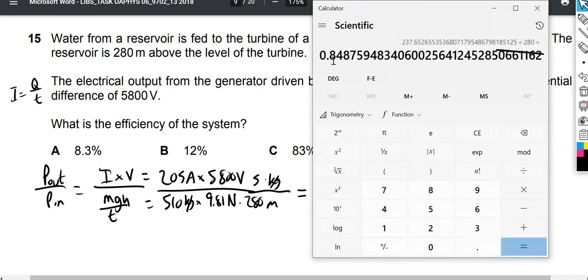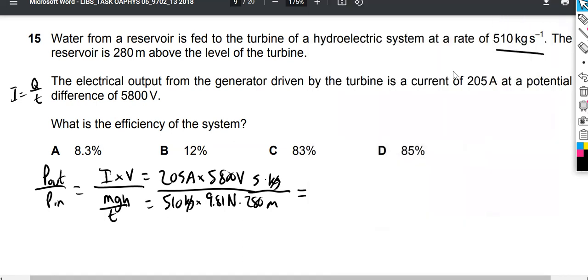So yeah, you get 0.848. So that's going to be 85% actually. So take care that just because this answer is 83, 83% is looking like, oh, that might be the best answer there, right? Because maybe you're thinking, oh, well, this answer is designed to capture those students that made some order of 10 error, and clearly the correct answer is 83, but it's actually 85%.